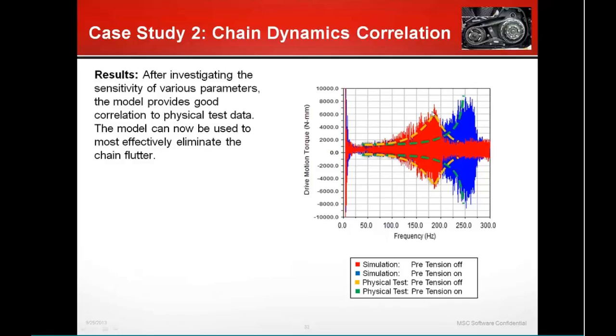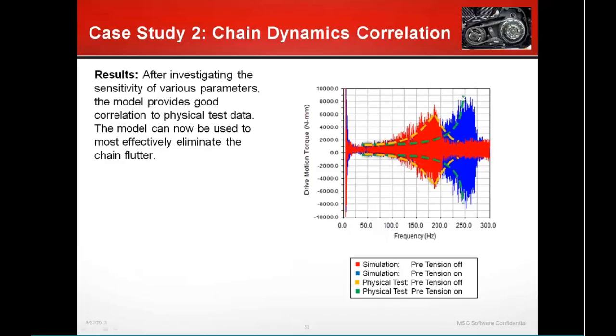With the pretension off, we can see the red curve represents the frequency domain analysis of the drive motion torque, and that is matching very well with the test results. And when we turn on the pretension, we can see from the blue curve that it also correlates with the physical test results very well.